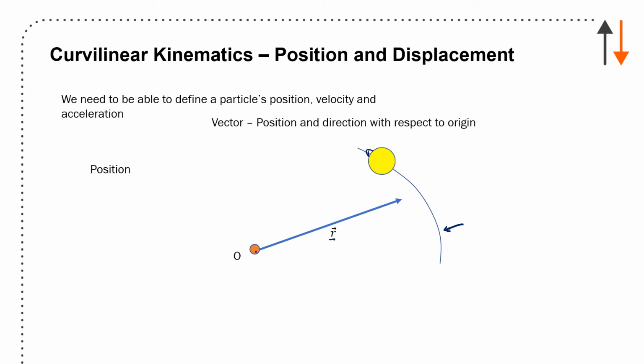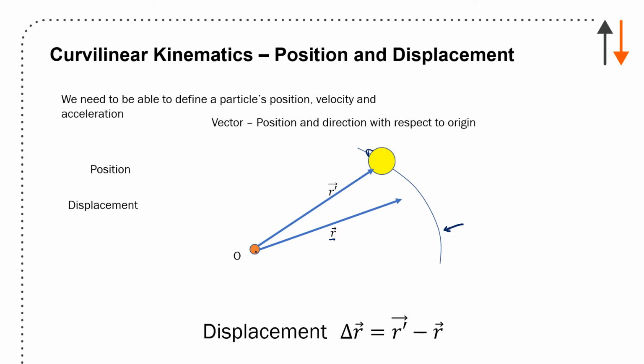The particle travels to a new position, and that's going to be r prime. So again, as before, I'm going to use this as a way of defining displacement. I can define it with delta r, which is the difference between the vector r and the vector r prime.